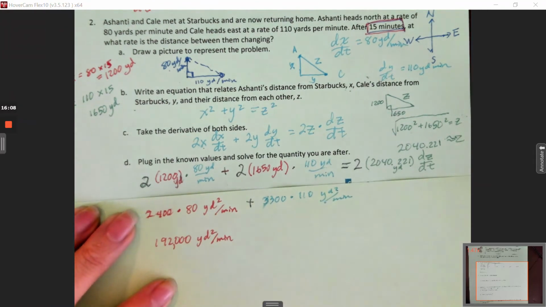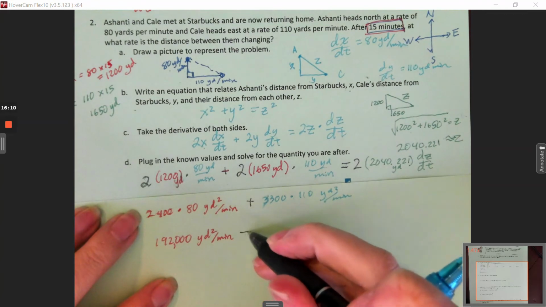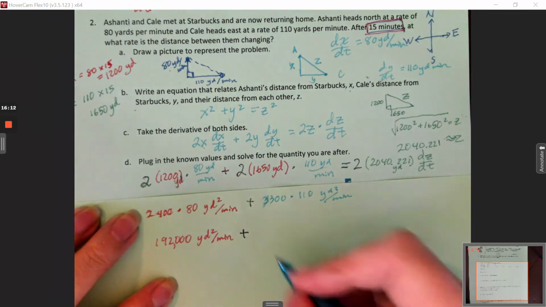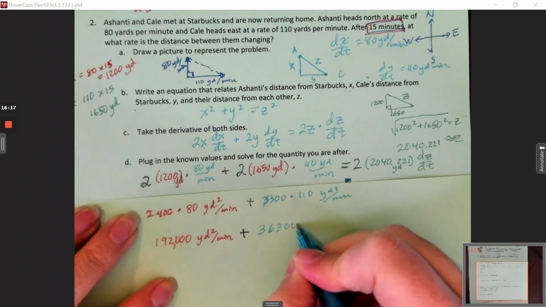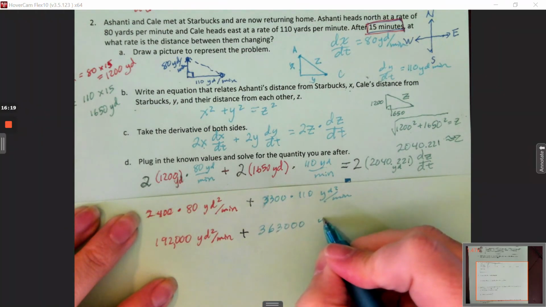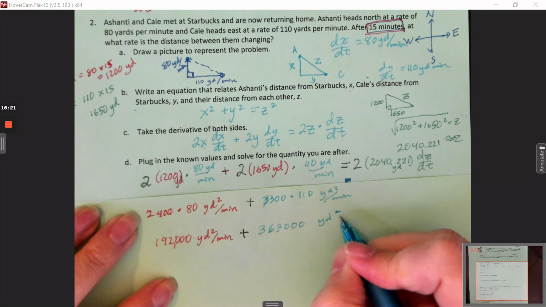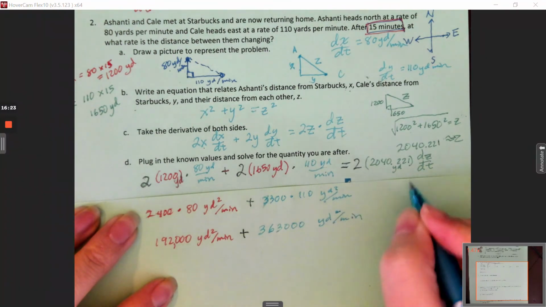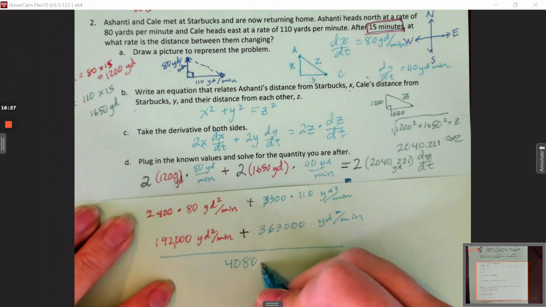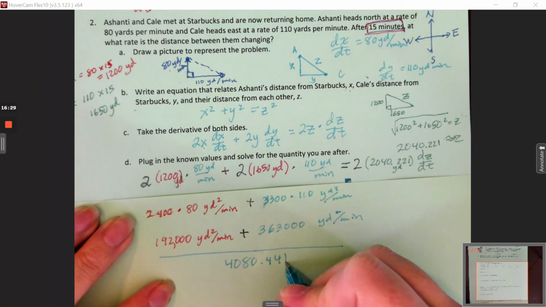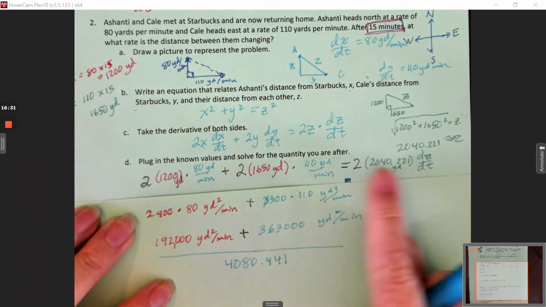So I end up with plus 363,000 yards squared per minute. I'm going to divide that by 4080.441, which is that times 2.